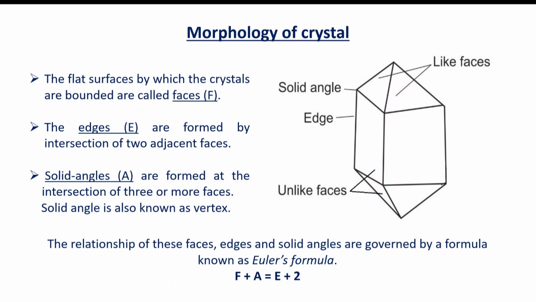There could be multiple faces, there could be 36 faces, there could be 96 edges. So there are different examples of complex crystals as well. But you can always simply apply this formula and check whether your assessment of the faces, solid angles and edges is correct or not.